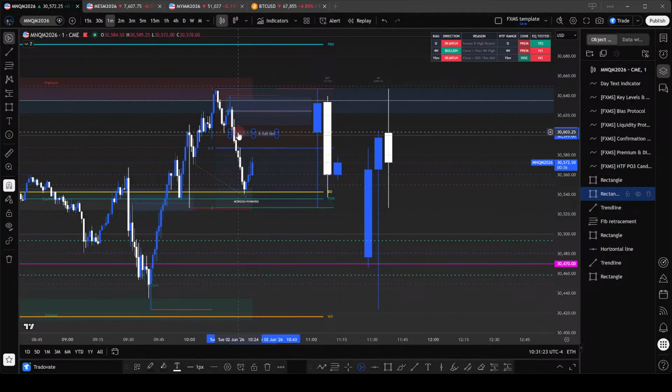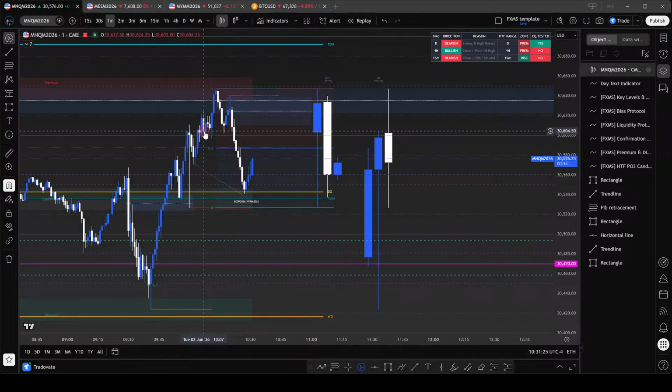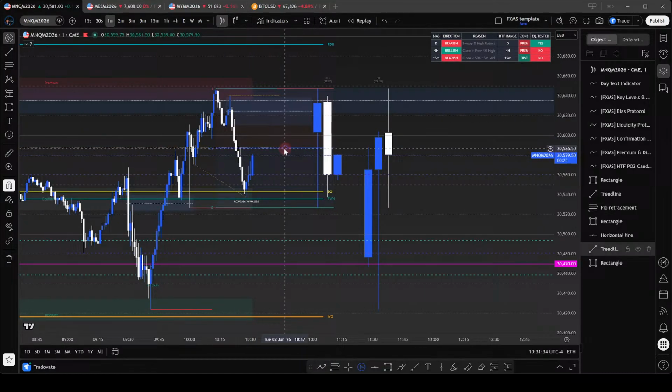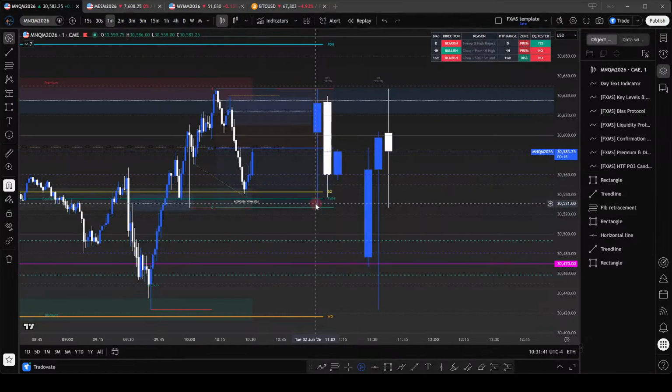Okay, we do have an imbalance here. We do have a swing low here. Somewhere in this region here we form a swing high, we sweep it, and then we continue down from it.